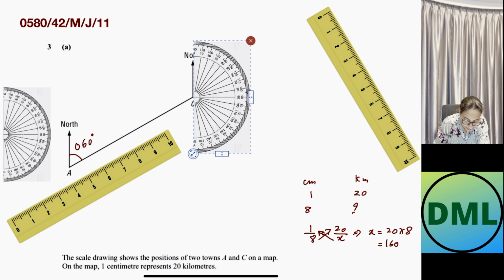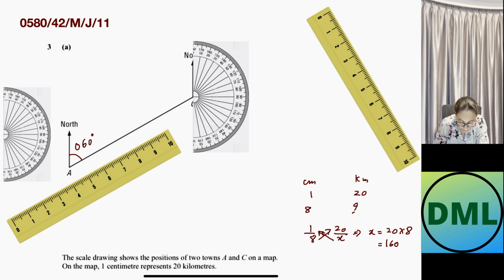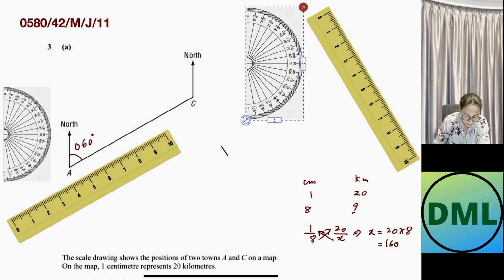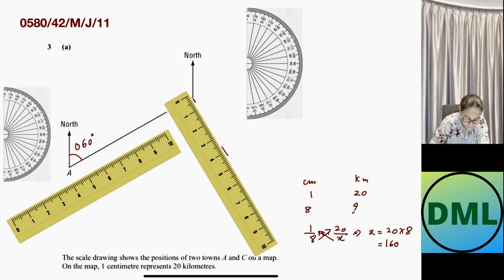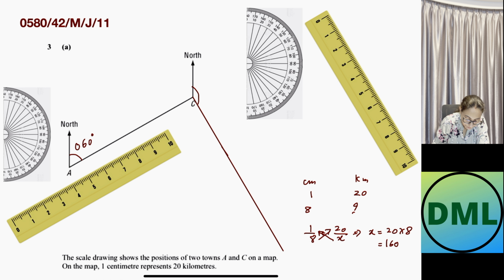Let's keep the protector here at C. This is your 150 degrees here. Again, move it from here. I need to take the ruler and make a line. This is the 150 degree bearing.